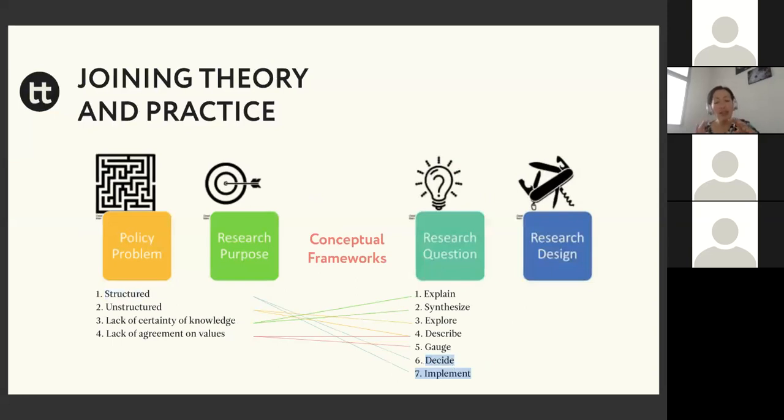So as you can see, what I'm trying to share with you here is that we really need to think closely about the problem and relate that problem to the type of research design that we want to put forward. Because if we don't connect them appropriately, our research is not going to serve the purpose that we intended in the first place, right?